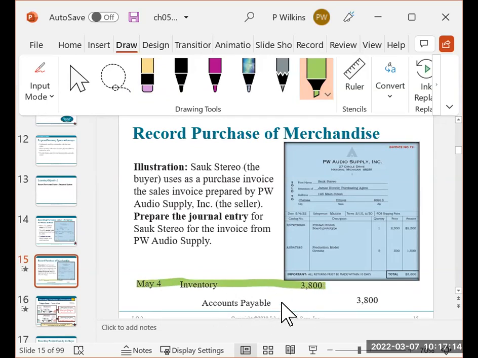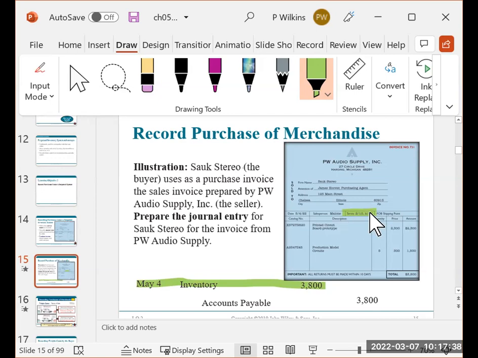Okay. What's the other part of the transaction? How do we know it's accounts payable? Well, either it's going to tell you that you bought it on account, which means it's an accounts payable, or whenever you see terms, if you're the buyer or the seller, it means it was either bought or sold on account, which means accounts payable. So the terms tell you how the bill has to be paid.